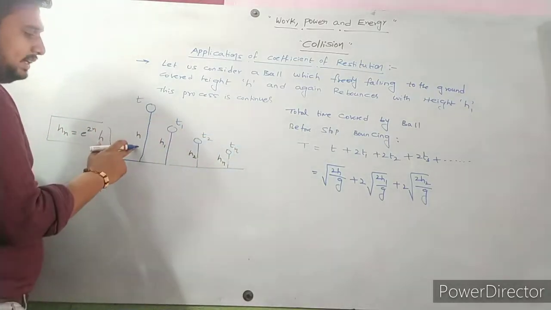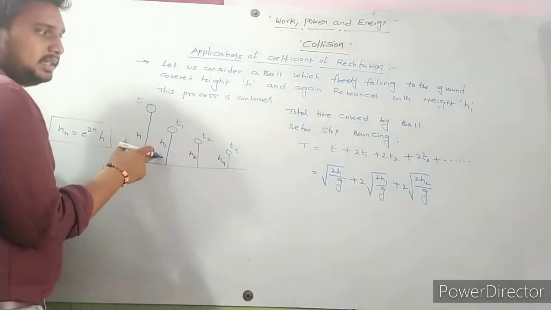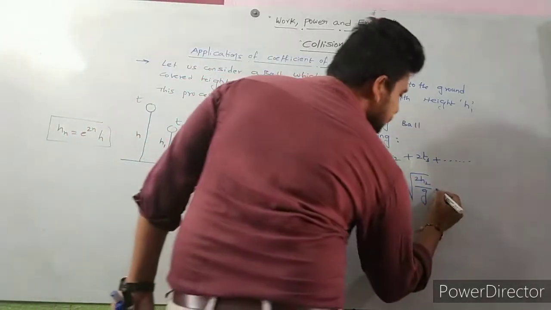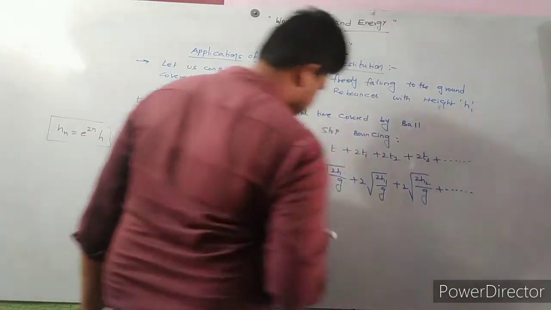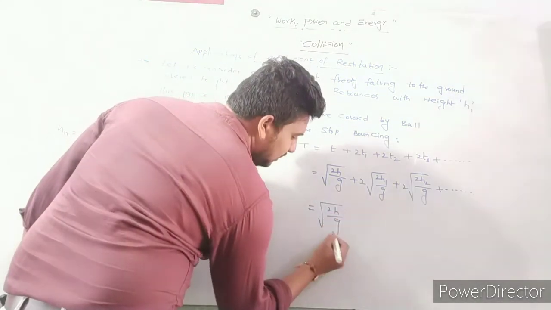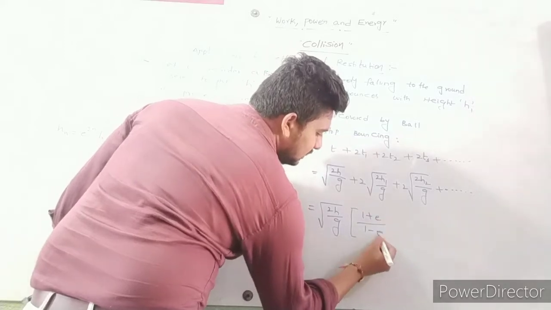In t, height h is covered, right? That's why we are taking 2h by g. In t1, height h1 is covered, that's why we consider 2h1 by g. So like this we consider. So finally, root of 2h by g is common, and we got here (1 plus e) by (1 minus e).